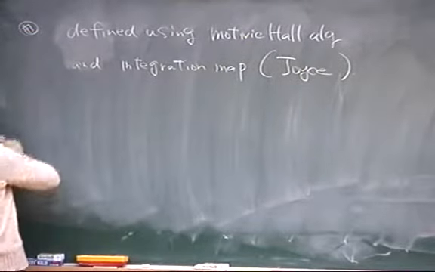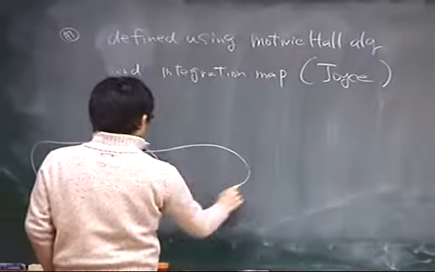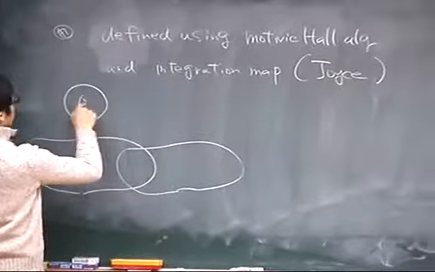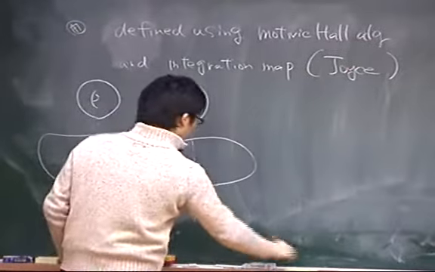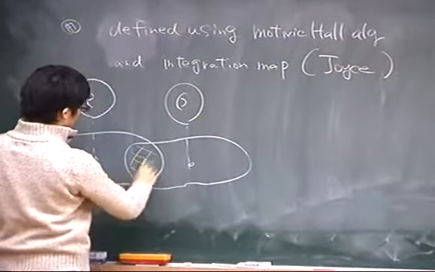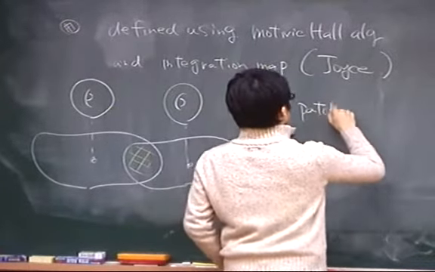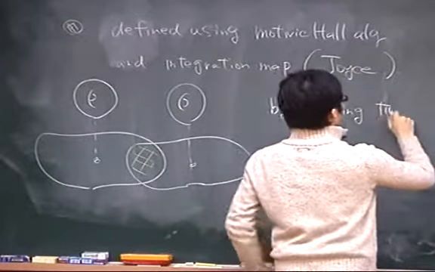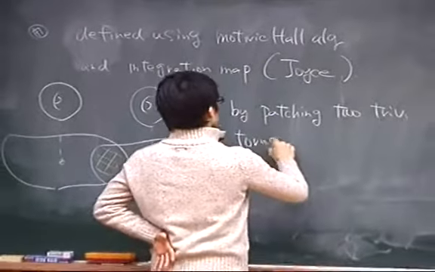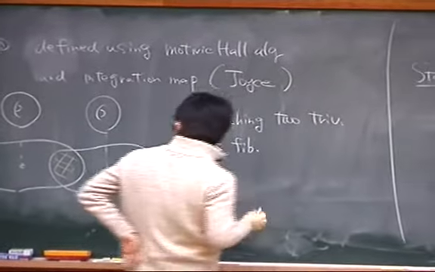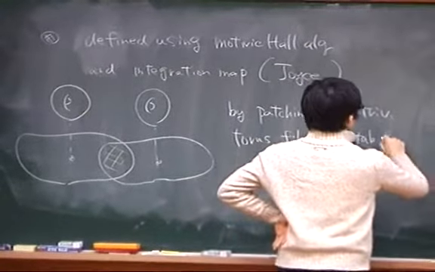Given such an automorphism, we can construct a torus fibration by patching two trivial torus fibrations on stub A.